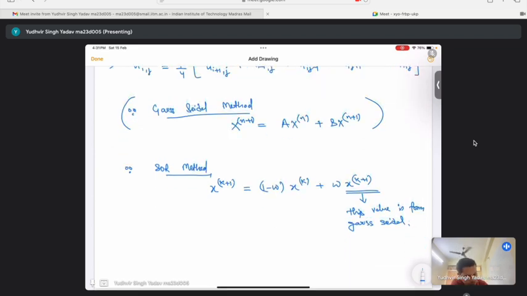That is nothing, as I have already shown, that x k plus 1 can be defined using u i j plus 1. So these are the values that we will obtain using the Gauss-Seidel method.